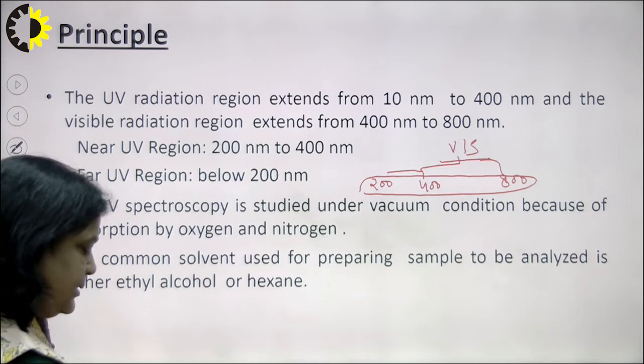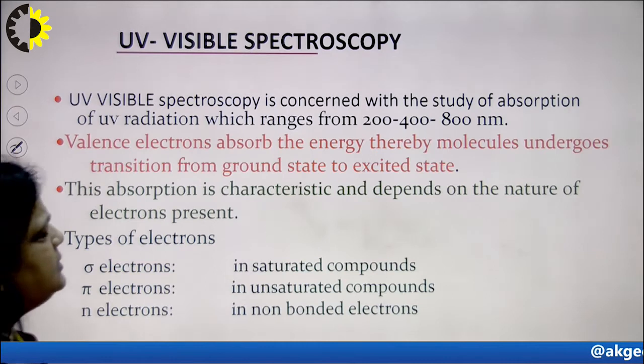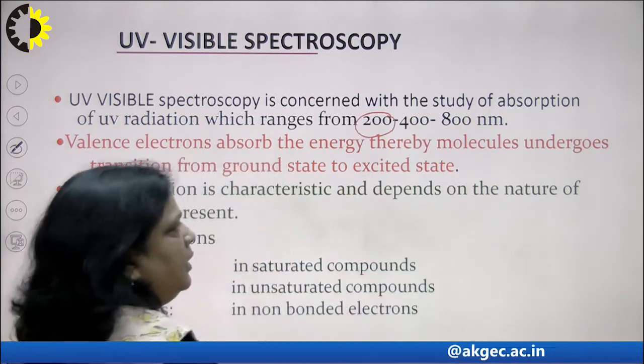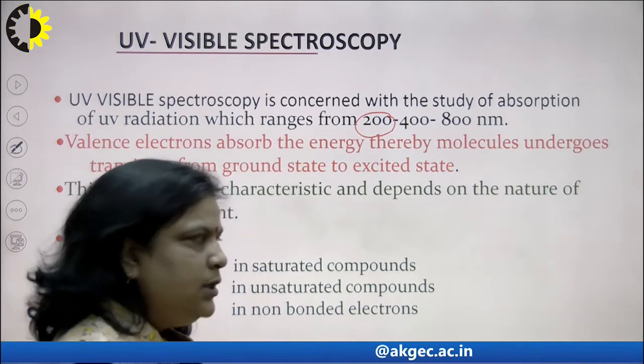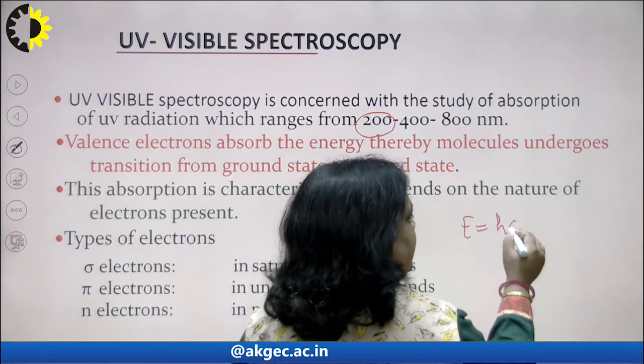Now, next, it is clear that the range is 200 to 800. Suppose I want to calculate the energy at 200 nanometer. We know that energy E is equal to hc upon lambda.